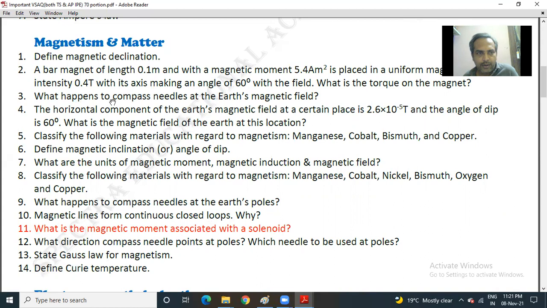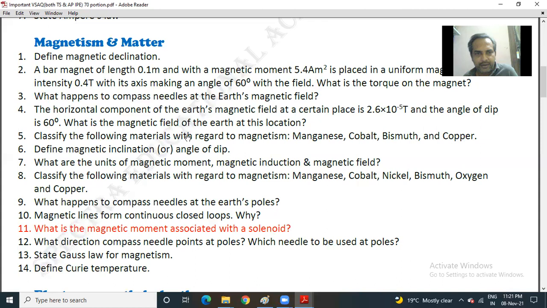Third, what happens to compass needles at the Earth's magnetic field? 4. The horizontal component of Earth's magnetic field at a certain place is 2.6 into 10 to the power of -5 Tesla and the angle of dip is 60 degrees. What is the magnetic field of the Earth at this location? 5.